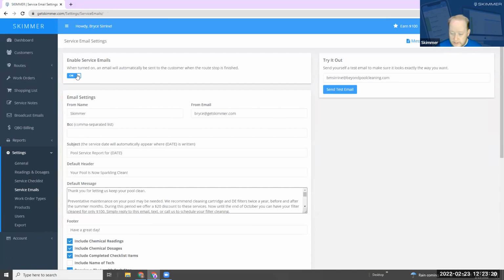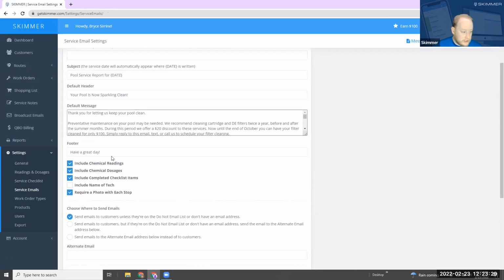That's the number one reason I think that most people like to go to Skimmer, and that's it right there. And then of course there are some other settings where you can choose, like I don't include the name of my technician in case we switch it off, but I prefer to let them know all the readings, dosages, the checklist, and the photos.